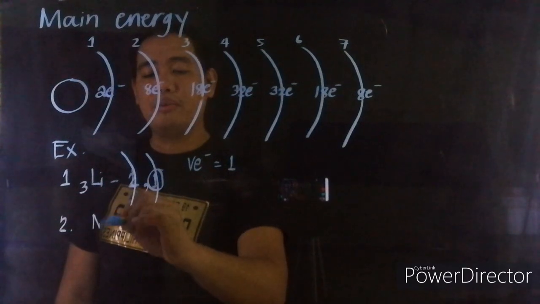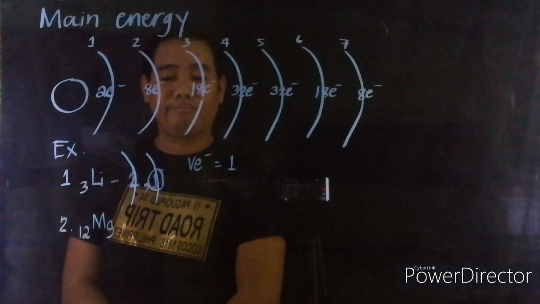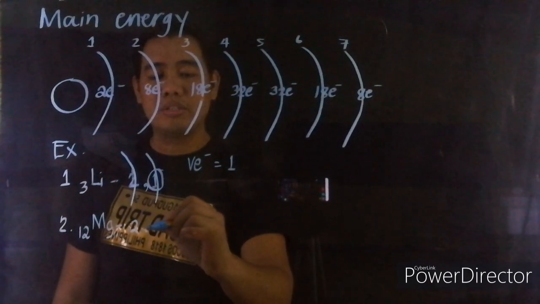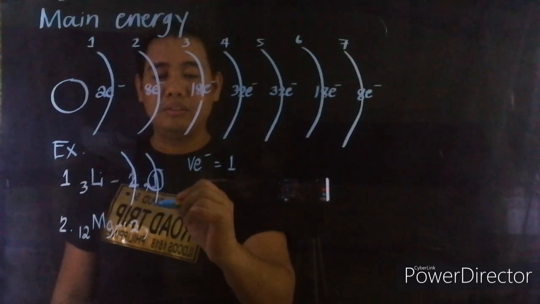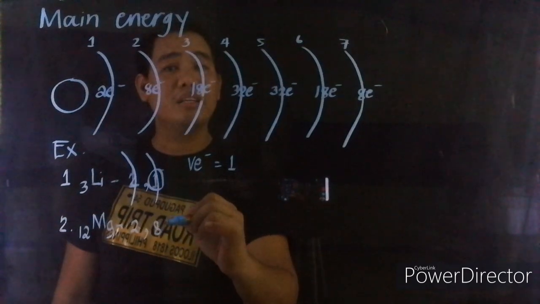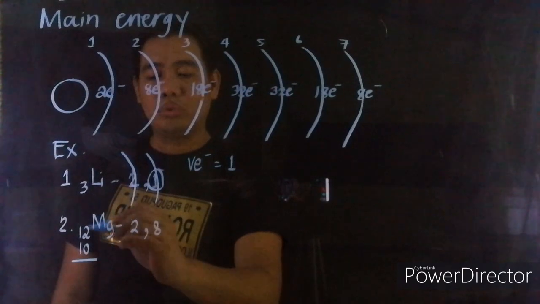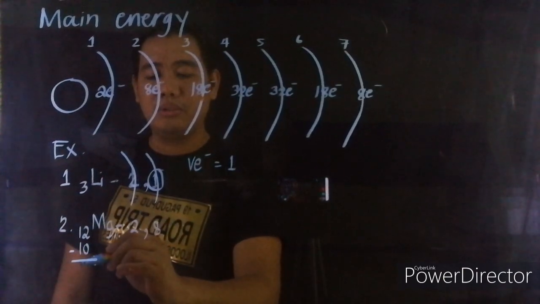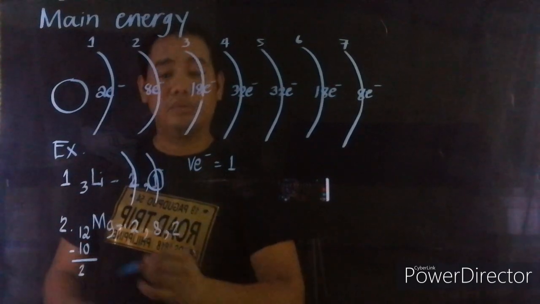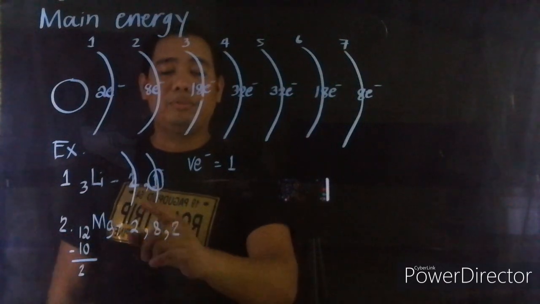So we have magnesium, atomic number 12. So for magnesium, we have 2 for the first shell. Then the second shell is 8. So we have 2 plus 8, we have 10. So 12 minus 10, we have 2. So what is left is 2. Okay? So we have 2, 8, 2.